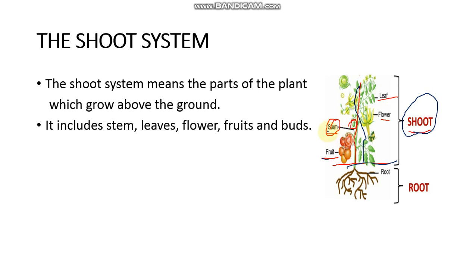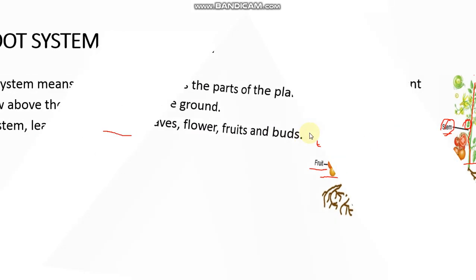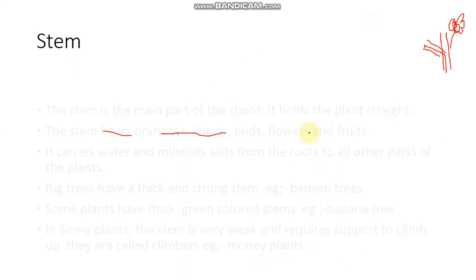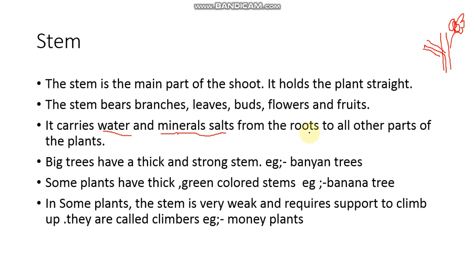Okay, let us discuss today about the stem. It includes the stem, leaves, flower, fruits and buds. Let us discuss the main thing about the stem.